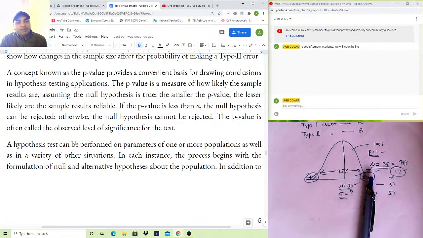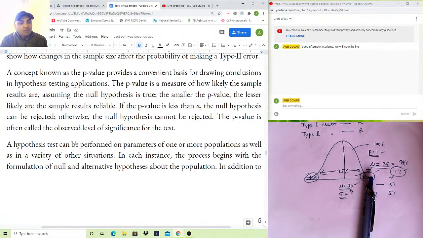Okay, so the p-value is the measure of how likely the sample results are, assuming the null hypothesis is true. The smaller the p-value, the lesser likely are the sample results reliable. Okay, if the p-value is less than the alpha, the null hypothesis can be rejected. Otherwise, the null hypothesis cannot be rejected.